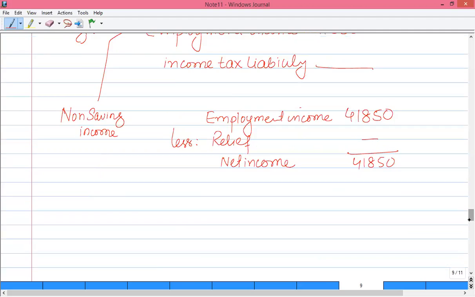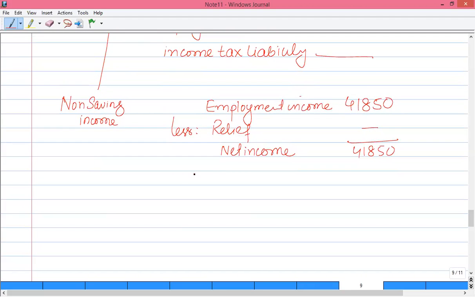So in order to make it taxable income, we'll deduct personal allowances, and these personal allowances are 11,850. So after deduction of personal allowances, 41,850 minus 11,850, we'll get a figure of 30,000, and this 30,000 is the taxable income.